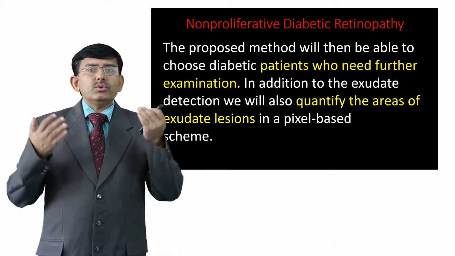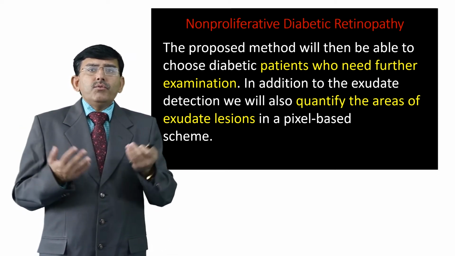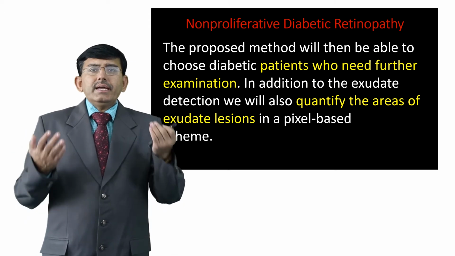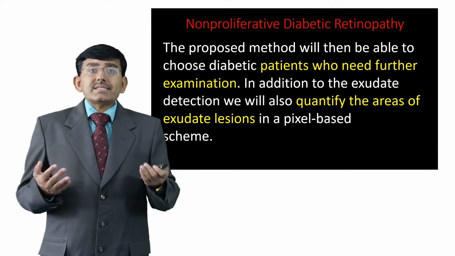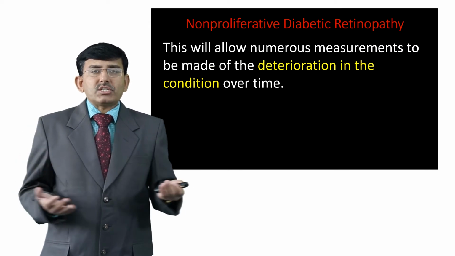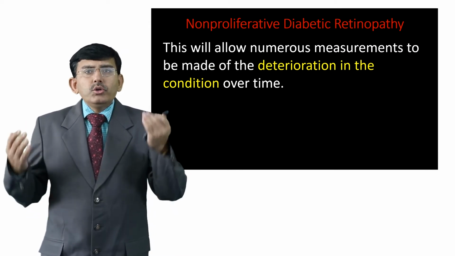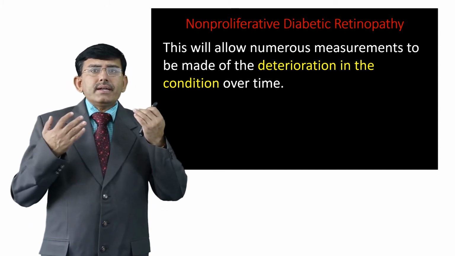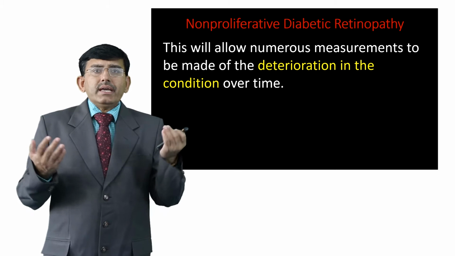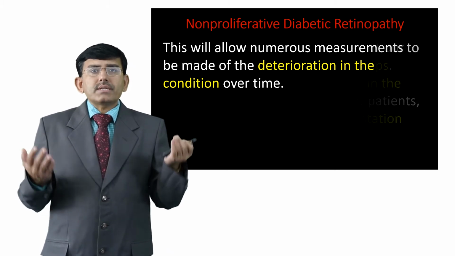In addition to the exudate detection, we will also quantify the areas of exudate lesions in a pixel-based detection scheme. This will allow numerous measurements to be made of the deterioration in the condition over time.